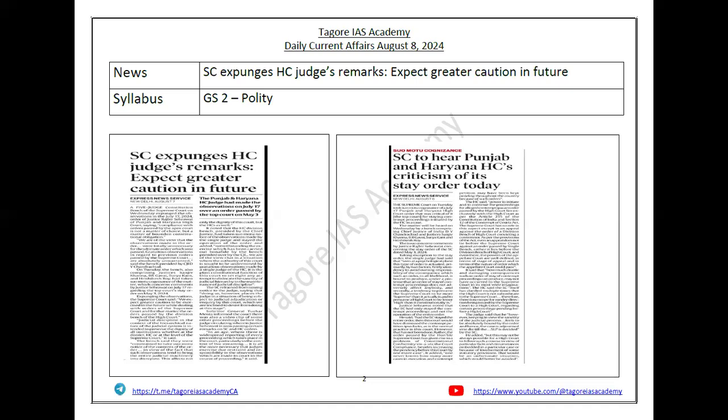The judge of the High Court, who had initially initiated the contempt proceedings, registered his dissent on the ruling of the Supreme Court. And finally, the Supreme Court has expunged those remarks.